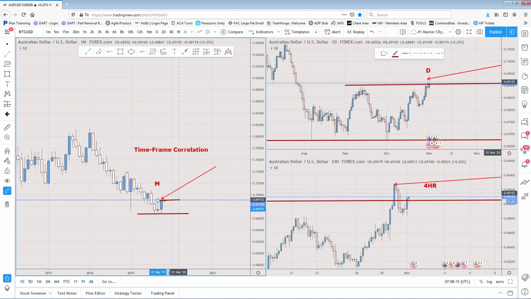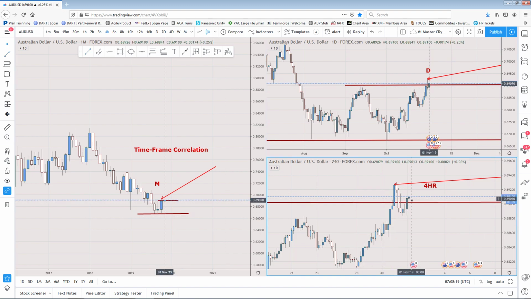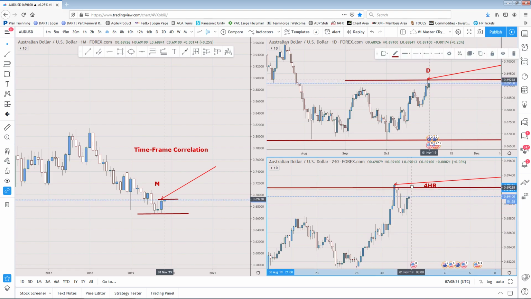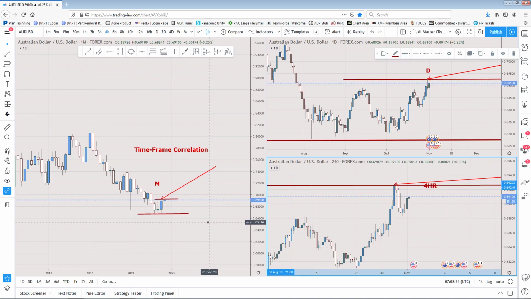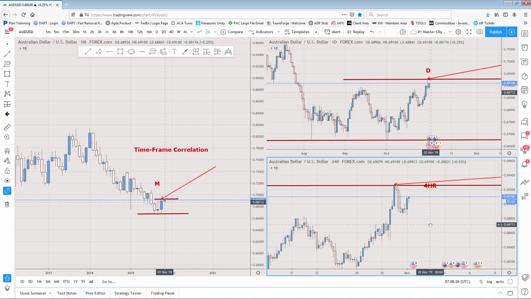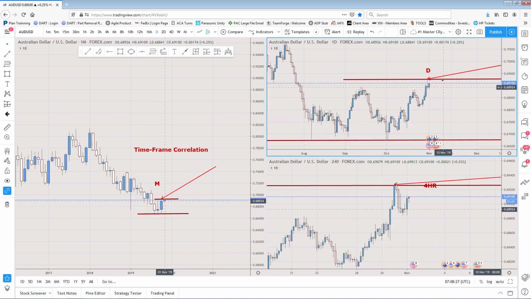I want to buy about right here. Actually, it's right there. That's where the candle closed. But if you look at the daily candle, you can see that it formed a little doji here, and then another candle is going up.